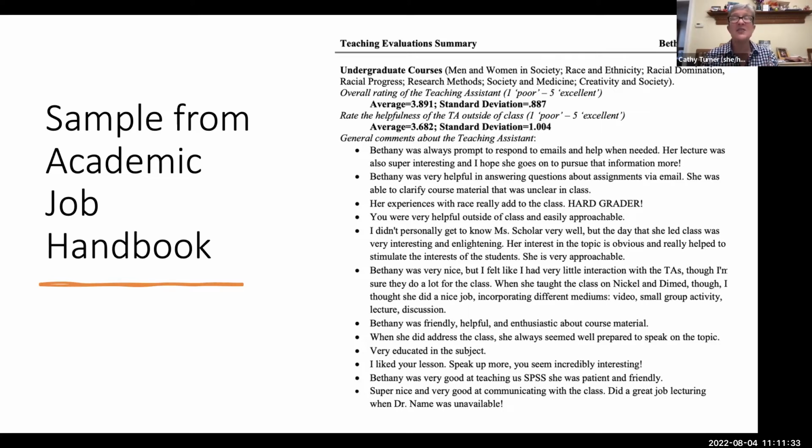She may have taken all the students. I don't know what she did, but she doesn't go into any detail here. But she also talks here about, oh yeah, thank you, Diane, the standard deviation as well. And you see, she shows you the overall rating, where 1 is poor and 5 is excellent. She brings up 2 numbers, the overall rating that she got and the helpfulness outside of class.